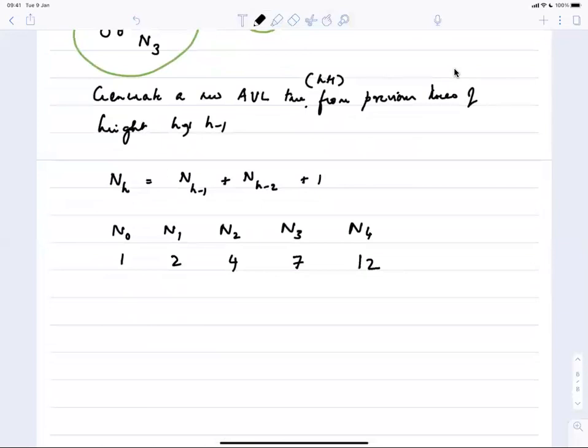I hope it rings a bell for you. It has a close relationship to the Fibonacci sequence of numbers.